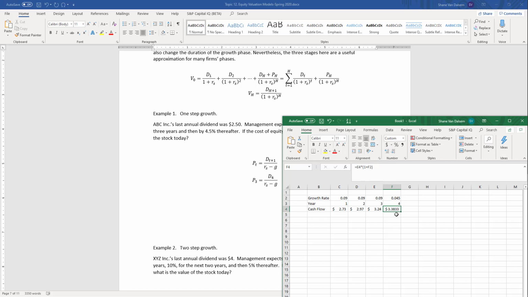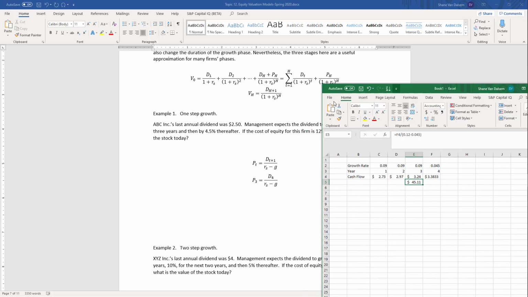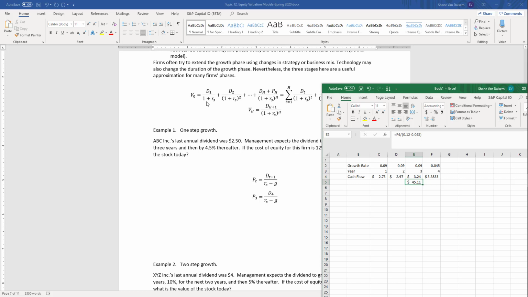Our dividend at time 4 is 3.3833, so our horizon value at time 3 is equal to that dividend divided by the required rate of return on equity, which is 0.12, minus the constant growth rate of 0.045, and that gives us a value at time 3 of $45.11.